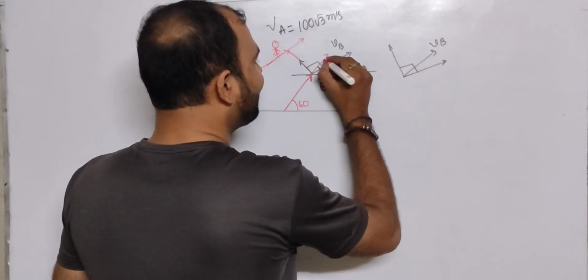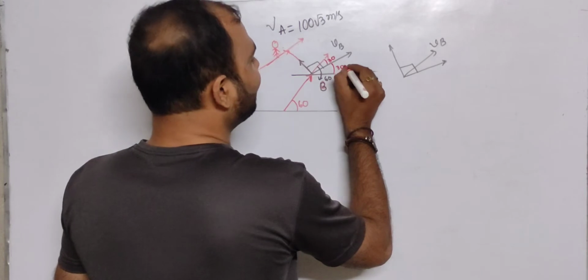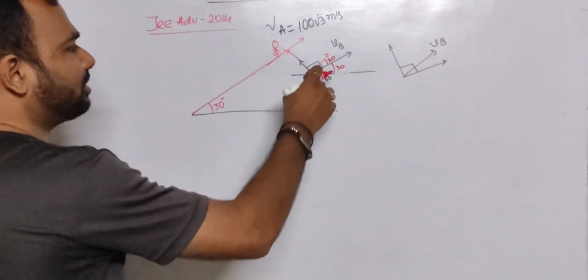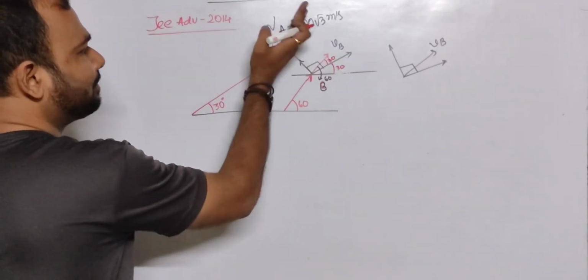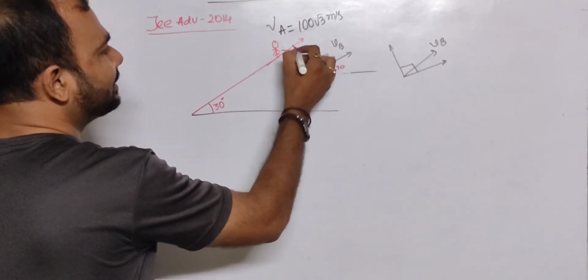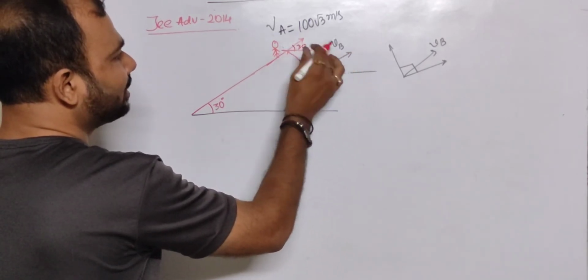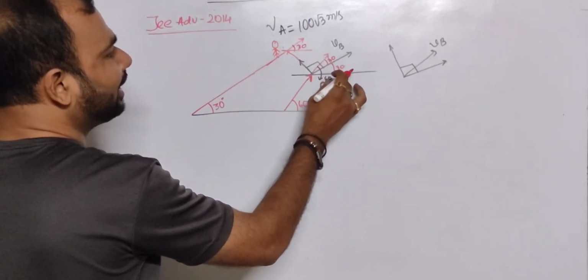This is the line parallel to this velocity. That means it creates 30 degree and 30 degree with the reference axis, because this is 60 degree and this is parallel to this, it creates 30 degree. So this black line is parallel to this, so it will create 30 degree with the base.